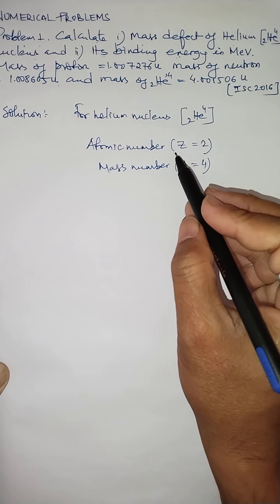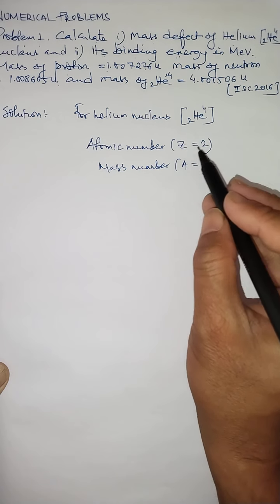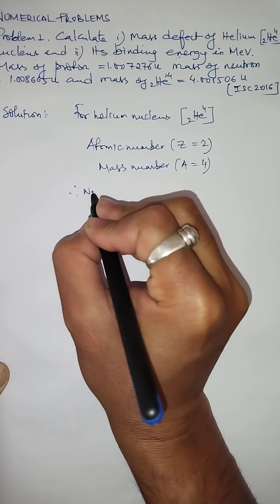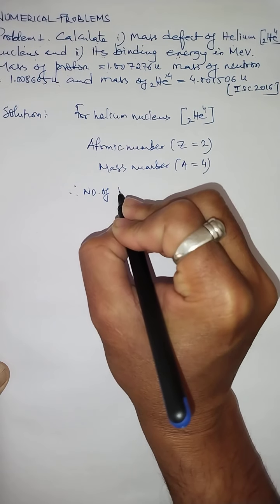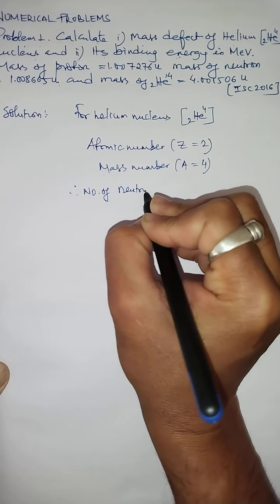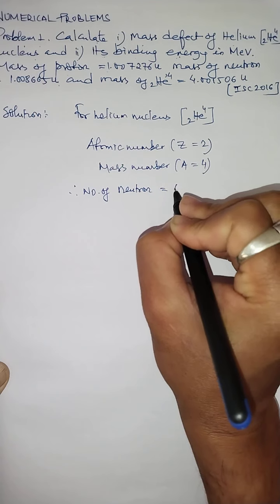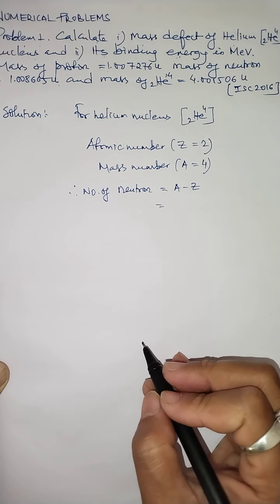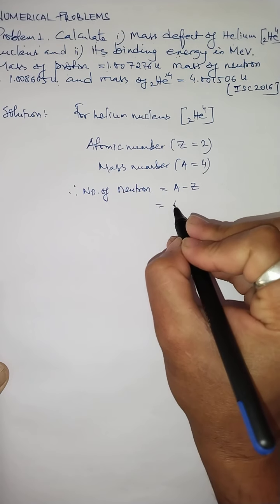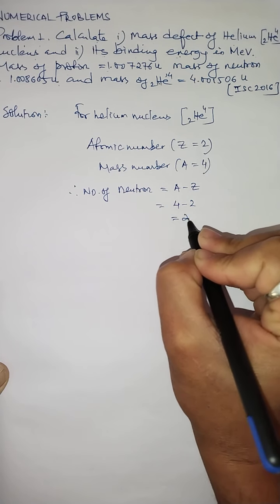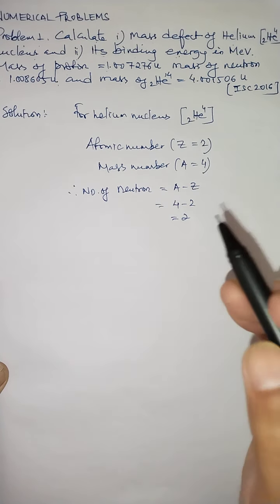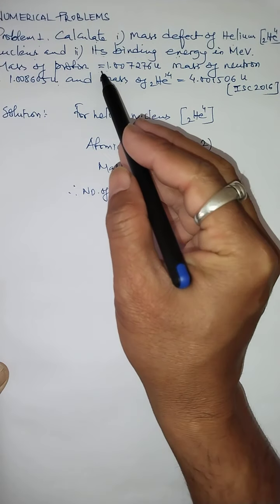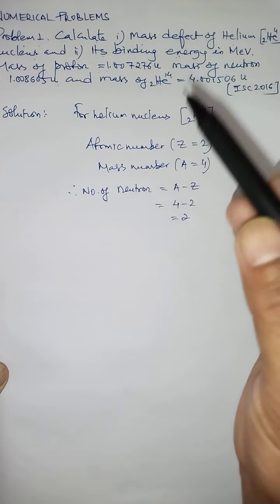If the mass number is 4 and the atomic number is 2, then we can calculate the number of neutrons. The number of neutrons is the mass number minus the atomic number, which is 4 minus 2, that is 2.